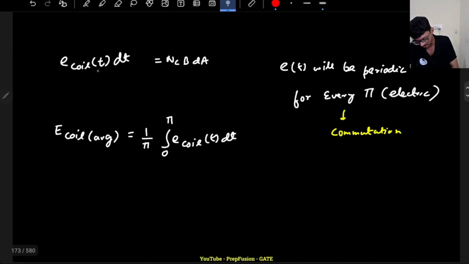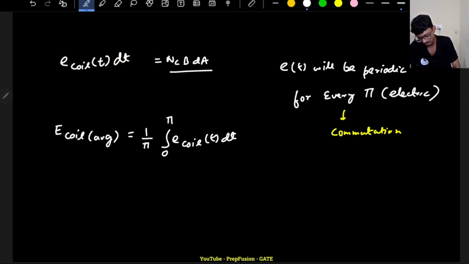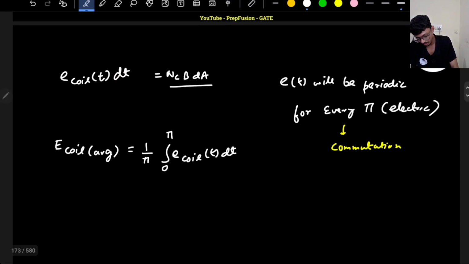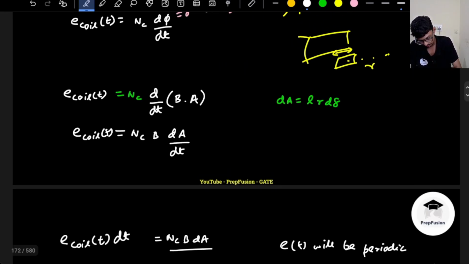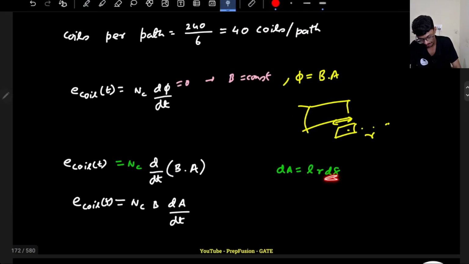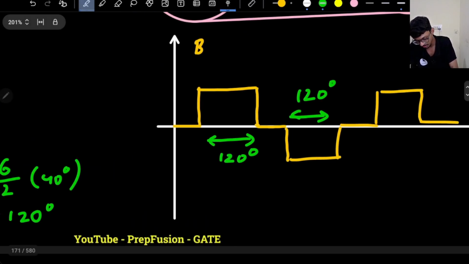So basically I know that E coil into dt is NC dB into dA. And one thing I know is that I am rotating the angle from, let's say, 0 to 180 degrees, but my flux density is 0 for a while, and it is symmetrical after every 180.